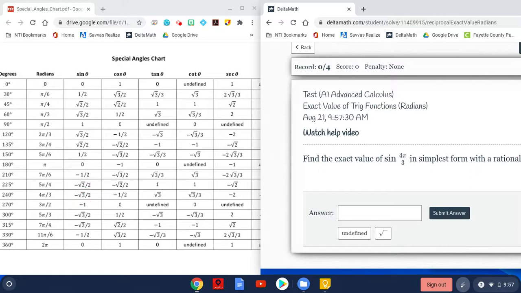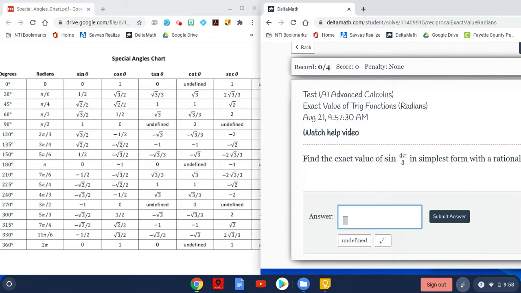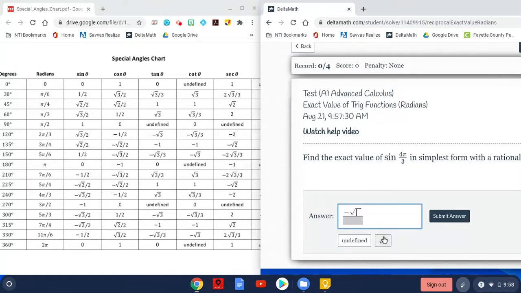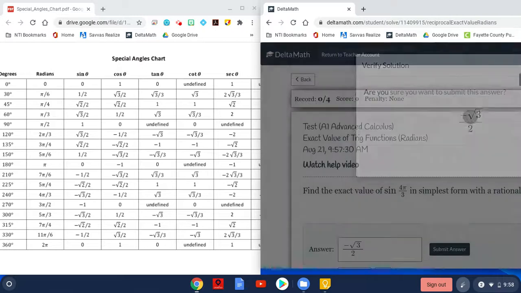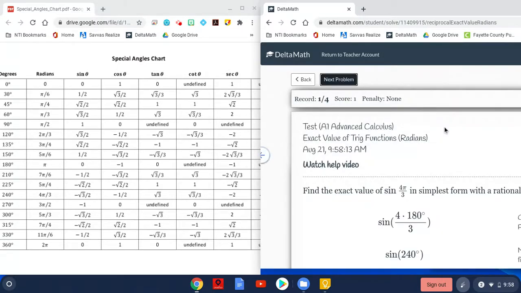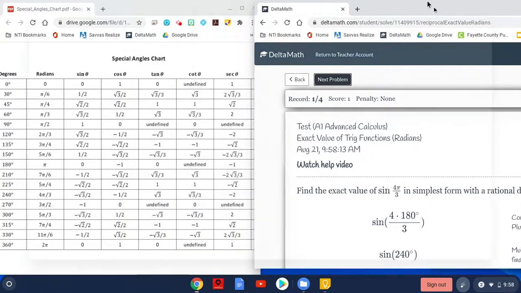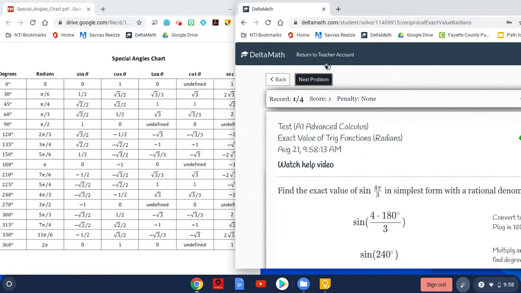Looks like negative square root of 3 over 2. To get the fraction, I can just type the division key. Negative square root of 3 over 2. Submit my answer. Yay, I'm right.